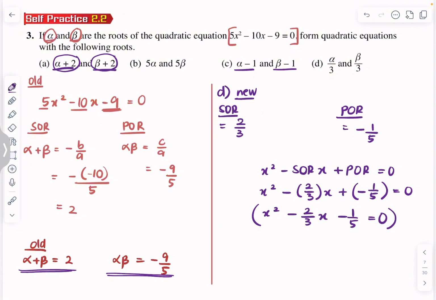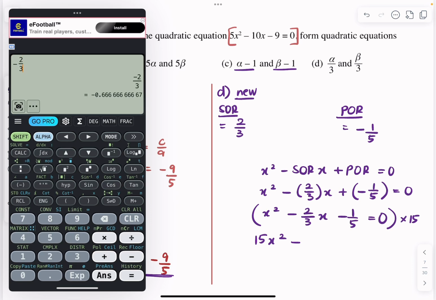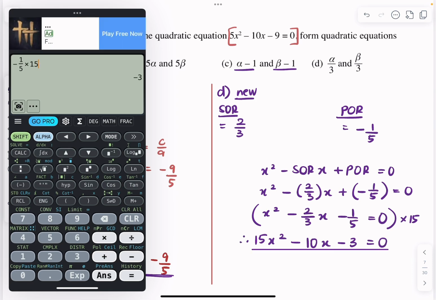Maybe that's the only number that can get rid of both 3 and 5. So we times the whole equation by 15. So 15x squared, 2 over 3 times 15, you can just use your calculator if you're not sure, is minus 10x. Then the other one will be negative 1 over 5 times 15, minus 3 equals to 0. This will be our final answer.